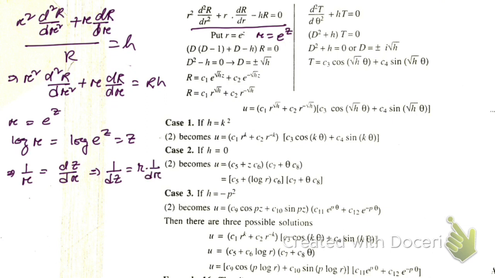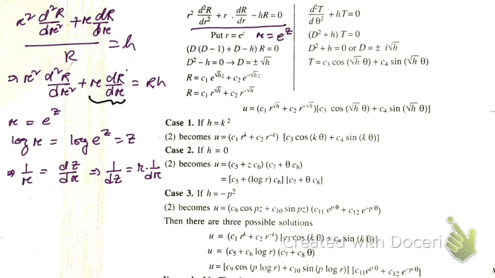Okay, so we can now replace this part, you see, we can write this one as d capital R by dz, right? So hope you have understood this.